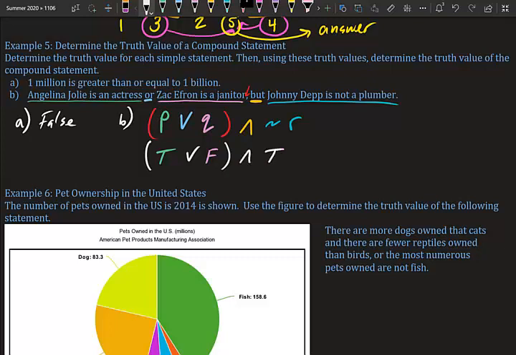You have to write it the way it's written, because it had that not, so we needed to negate it. But the fact is, Johnny Depp is not a plumber. That is a true statement. So now we have true or false. That's true. We keep bringing everything down, so true and true. This is a true statement. Doesn't sound like it, but it is.